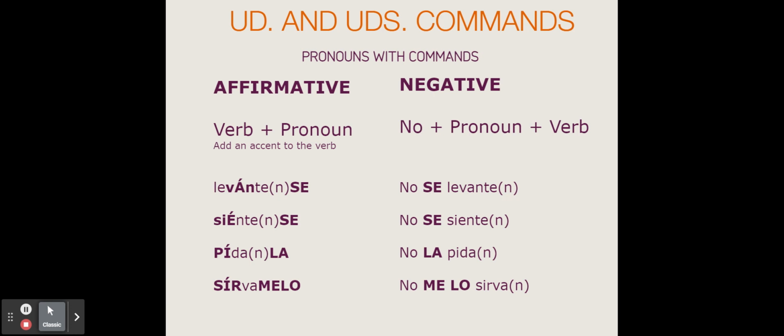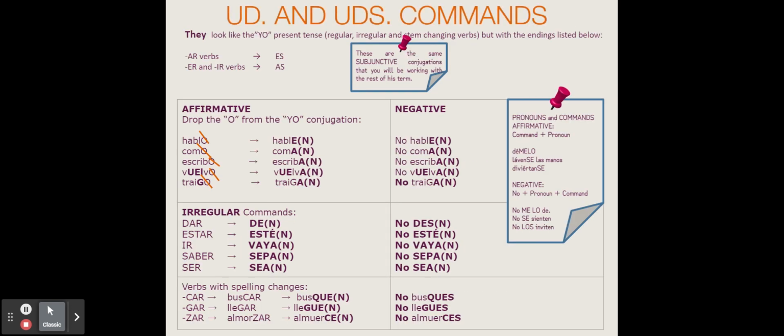Okay? So eso es todo para los mandatos. And again, make sure that you remember, you learn the rules for the conjugations, because you're going to be using those same rules to form the subjunctive in all the forms: yo, tú, él, ella, usted, nosotros, vosotros, ellos, for the rest of the term. Okay? Muchas gracias. Y here you have the summary.